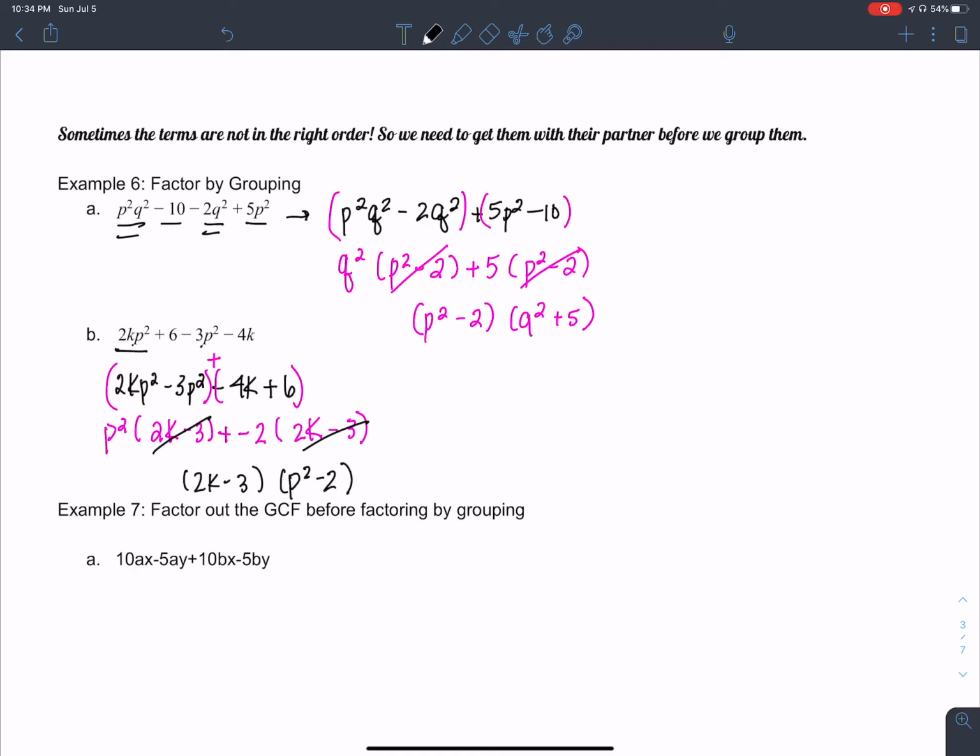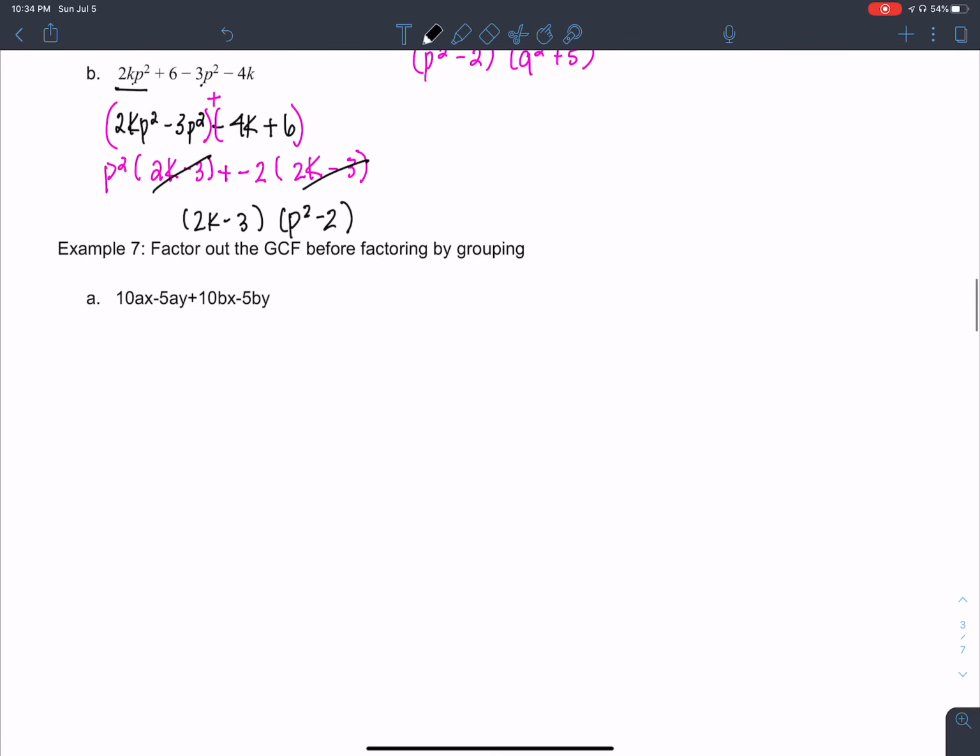Now, before we factor anything, we should always look for a greatest common factor. Soon we're going to talk about that. Anytime we factor, we're always going to look for a GCF. So here we go. Overall GCF here is going to be 5. So if I take out a 5, I get 2ax minus ay plus 2bx minus by.